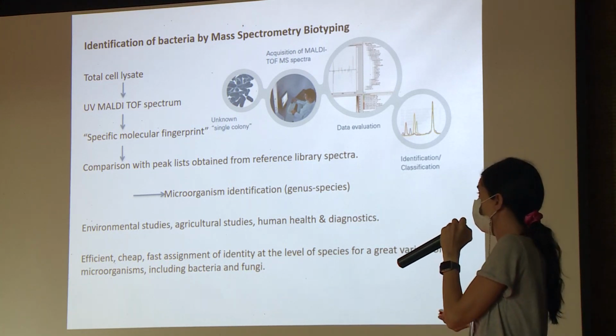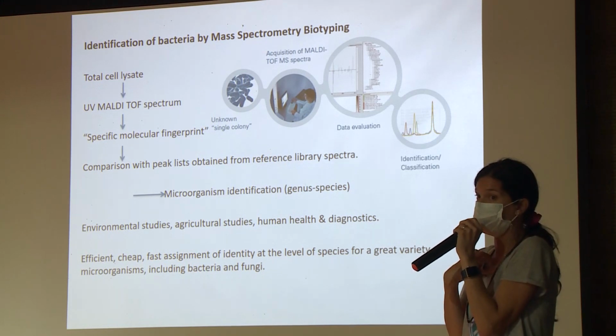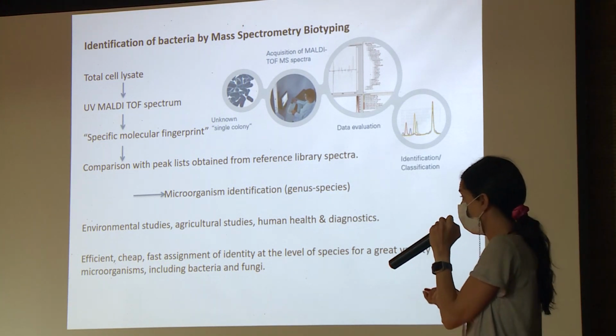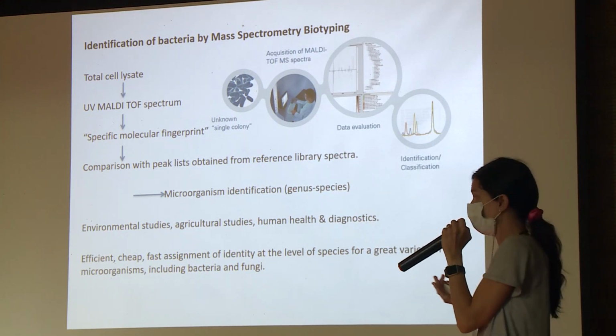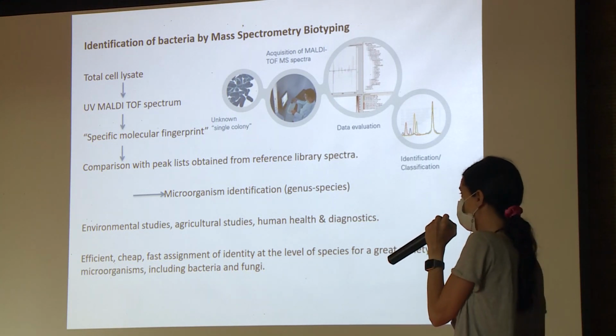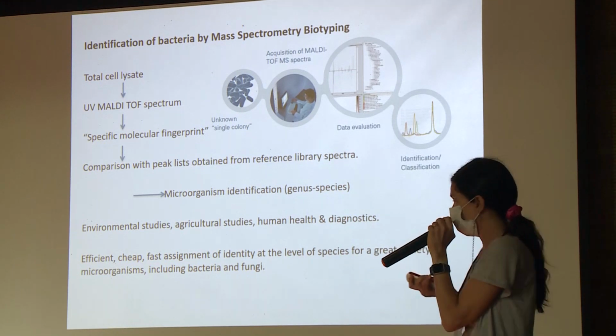So there is software that compares the pattern that you obtain for your unknown organism with these huge libraries, and you can get microorganism identification to the level of genus and even species. So it's used for environmental studies, for agricultural studies, and human health and diagnostics.